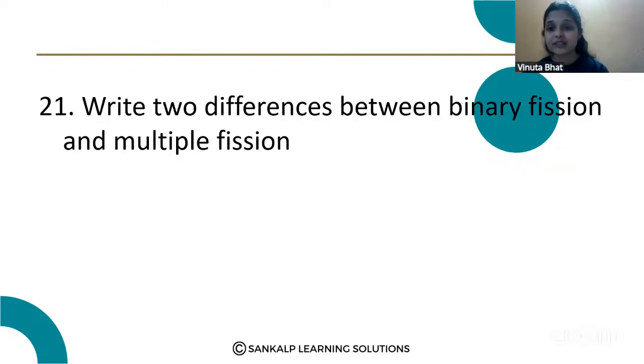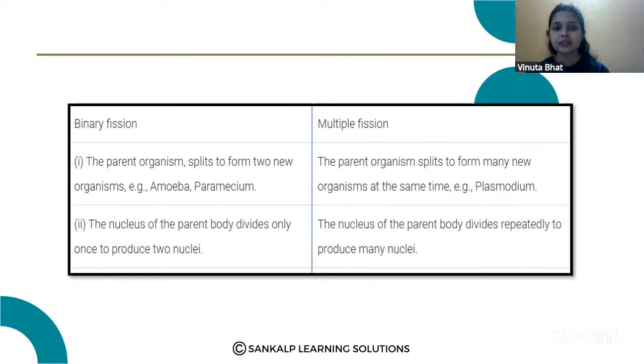Write two differences between binary fission and multiple fission. In binary fission, the parent organism splits to form two new organisms, for example amoeba and paramecium.